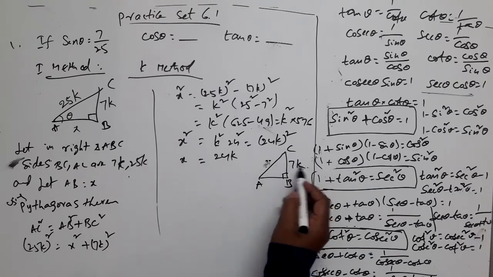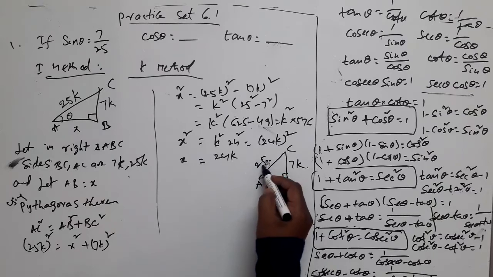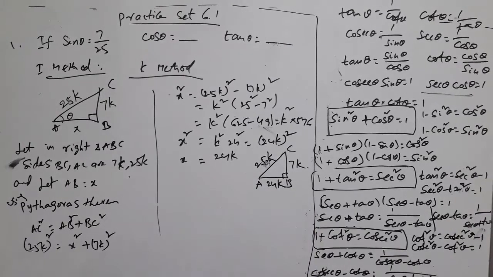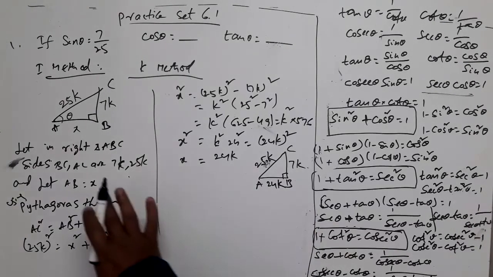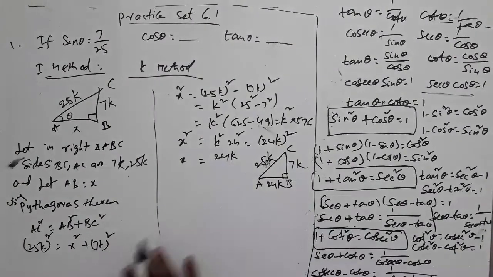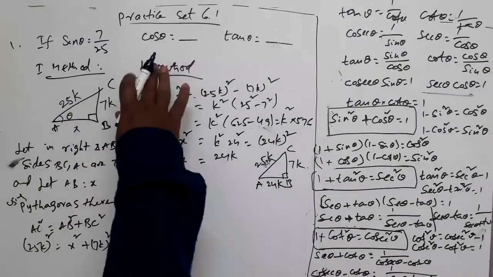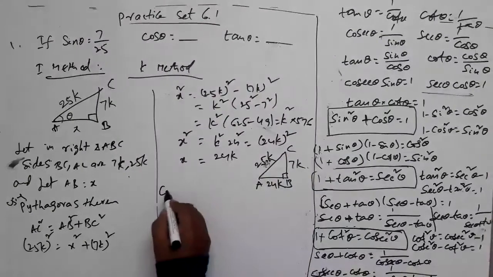So now my triangle appears like this. X is 24k, right? This is the way we have found out the third side. Now we can give value of any of the 6 ratios, right? What do you need? Cos theta and tan theta. Tell me, what is cos theta?